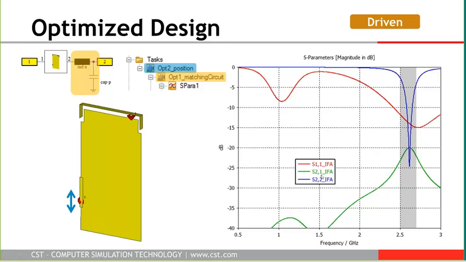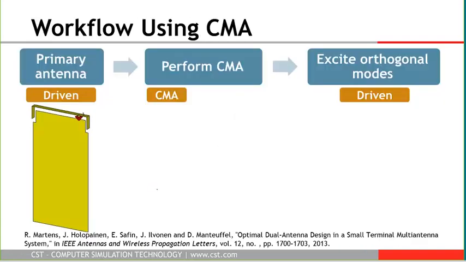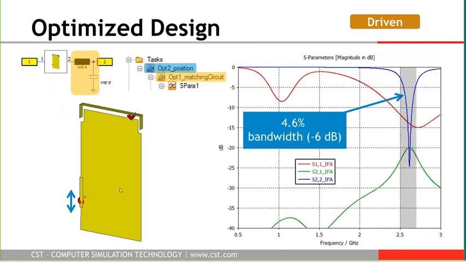The coupling between the two antennas, green curve, is quite low, minus 20 dB, because we have optimized the position of the antenna. So this was the standard design, let's say, standard design workflow.